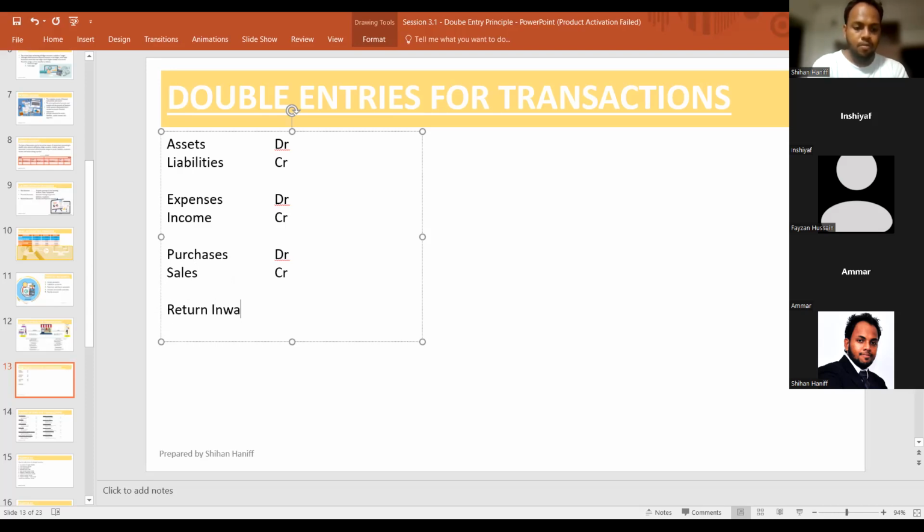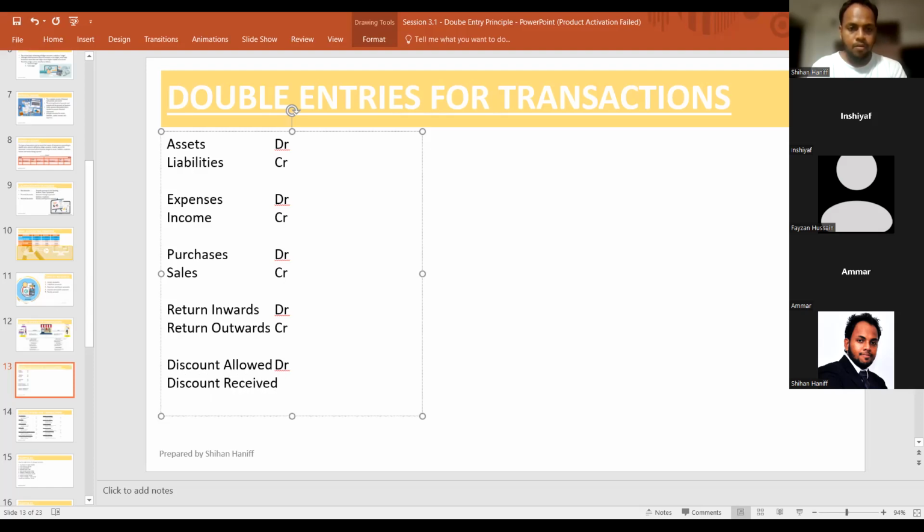Return inwards debit, return outwards credit. Discount allowed debit, discount received credit.